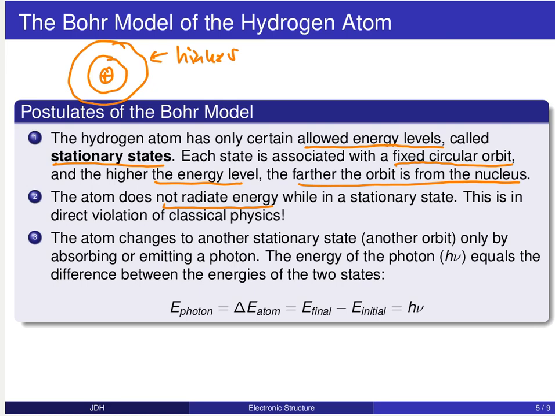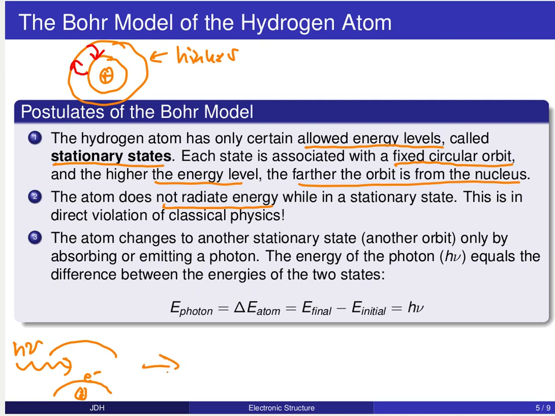However, if you move from one of these orbits, say from this lower orbit to the higher orbit, or back down, right? Any transition between those two orbits, then you will essentially emit or absorb a photon. So in other words, if you're at one of these lower energy orbits, so our nucleus is down here, and you want to move to one of these higher energy orbits, so we could say we've got a little electron right here, what you're going to need to do is absorb a photon.